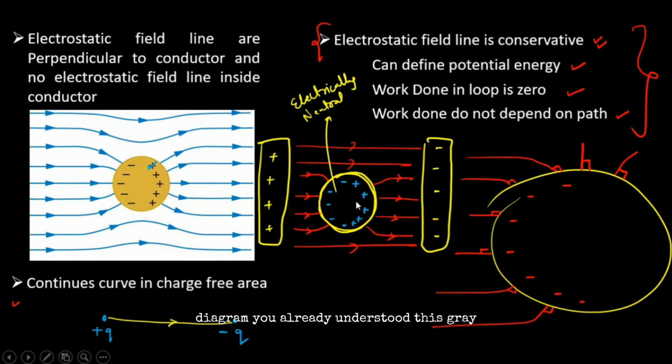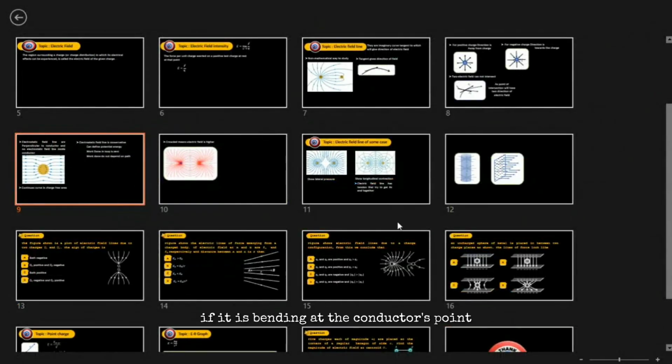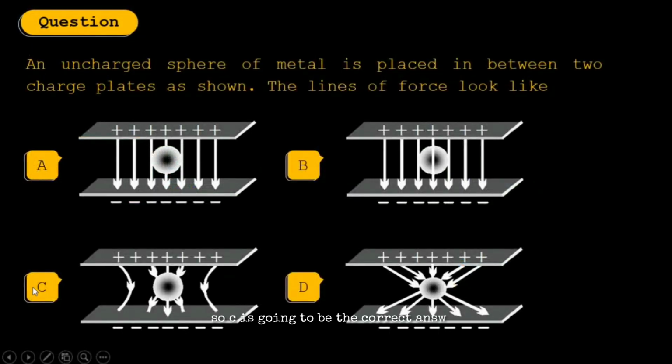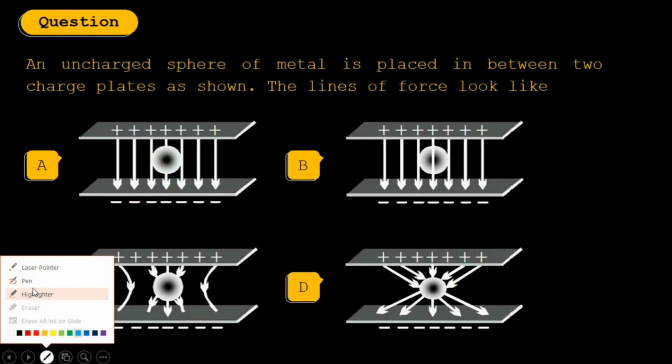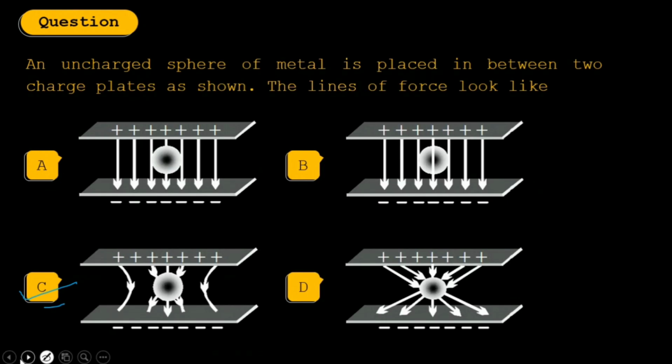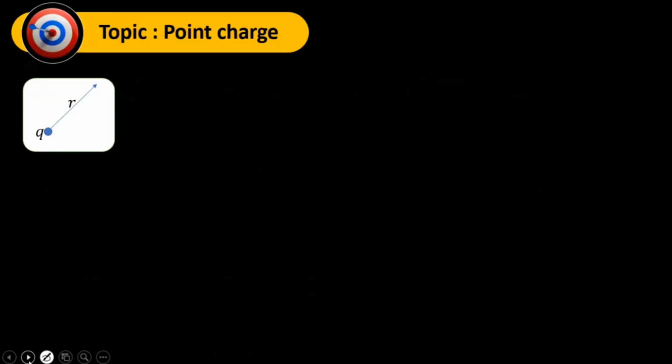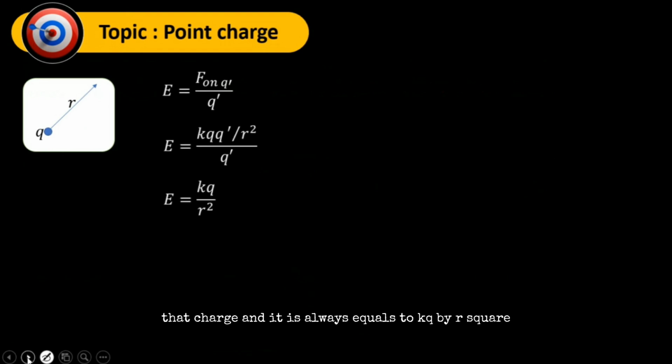You already understood this. Field lines bend when passing through a conductor. So if it is bending at the conductor's point, C is going to be the correct answer. For a point charge, the field is nothing but the force on Q1 due to that charge, and it is always equal to KQ by R square.